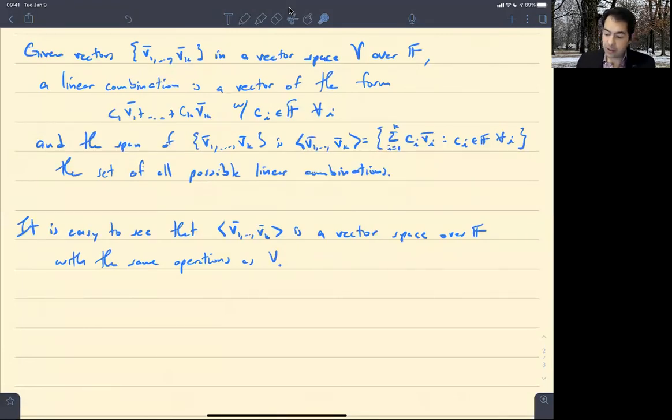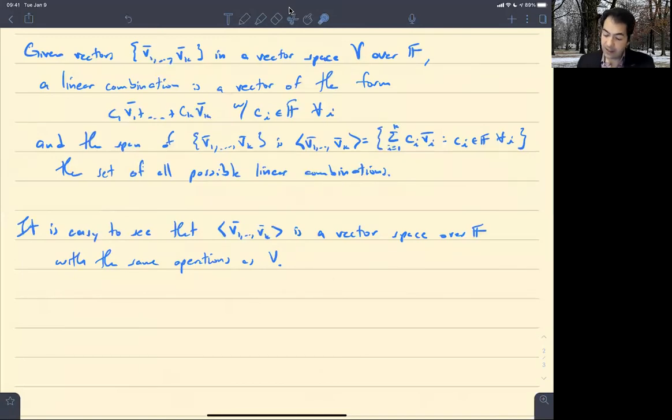You know how to add them because you know how to add any two vectors in the vector space V. And then when you add them together, if you add two linear combinations, then because of the distributive property of scalar multiplication with vector addition, the sum of two linear combinations is another linear combination. So we see that the span is closed under vector addition.